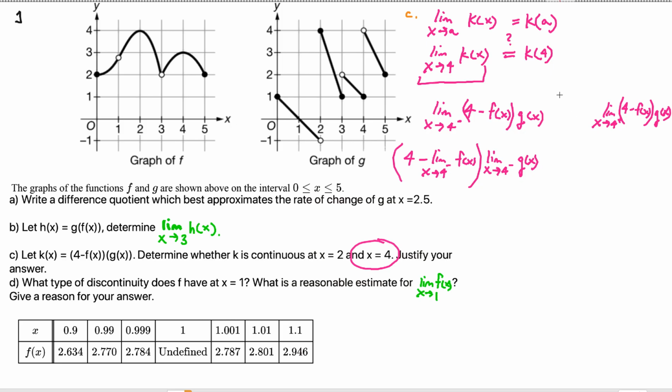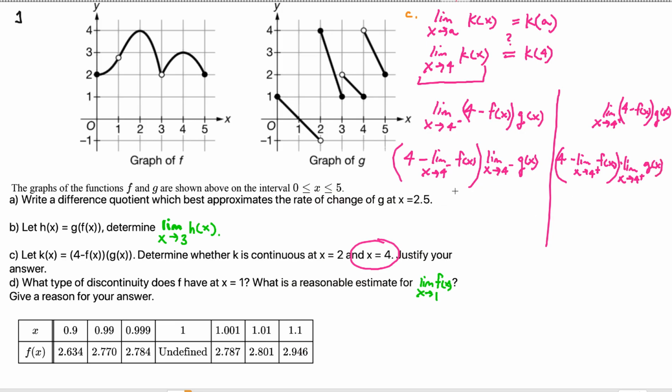You'd get something similar for the other direction: 4 minus the limit as x goes to 4 from the right of f of x times the limit as x goes to 4 from the right of g of x.